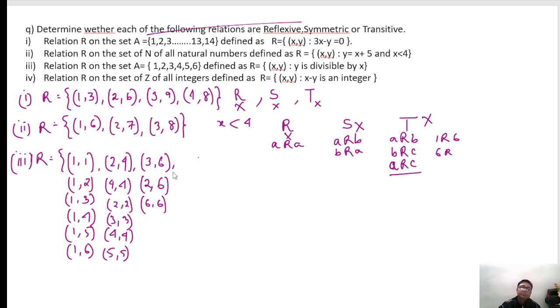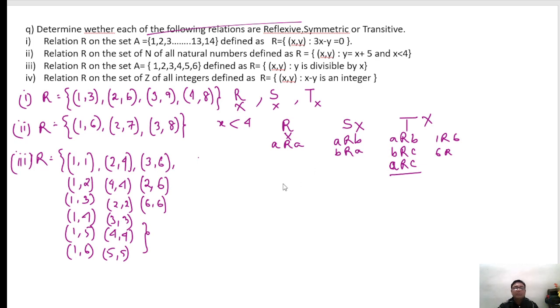Next, 3 is divisible by 3, 3 divisible by, yes, 4. 6 is divisible by 3, 6 is divisible by 1, 6 is divisible by 2, 6 divisible by 3, 6 divisible by 6. Okay, so these are the elements that we can choose.